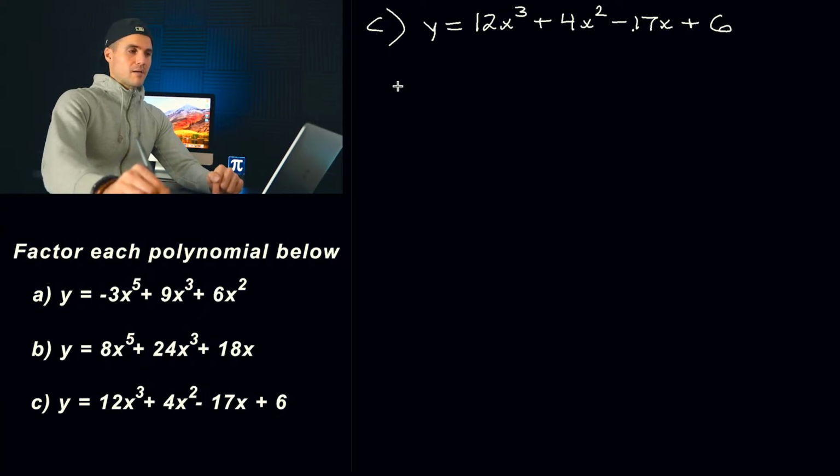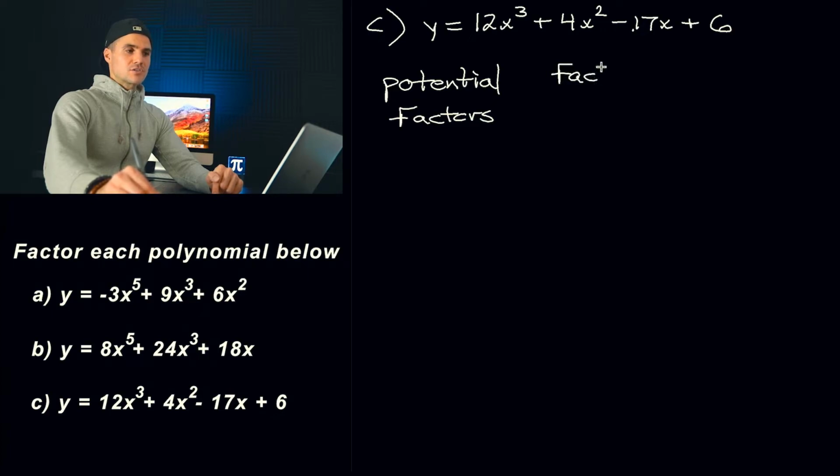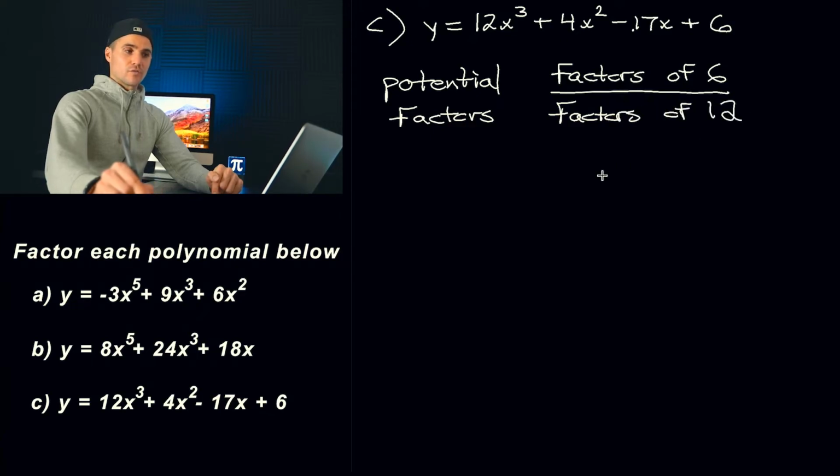And if you remember, what that means is that potential factors for a polynomial in standard form are always going to be factors of the constant, which is 6 in this case, over factors of the leading coefficient, which is 12 in this case.